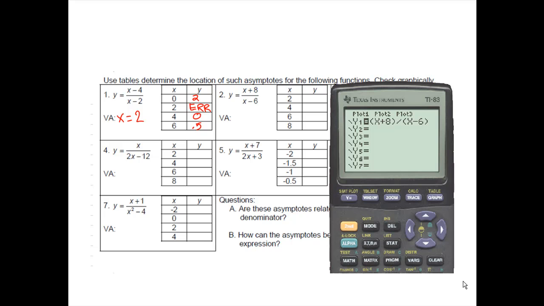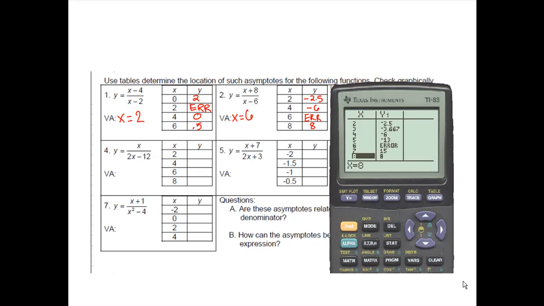Let's try number 2. Y equals X plus 8 in parentheses divided by X minus 6 in parentheses. Once again, we go to the table, we transfer the points, and we see that when X is 6, that's when we find the error. So this is your vertical asymptote.